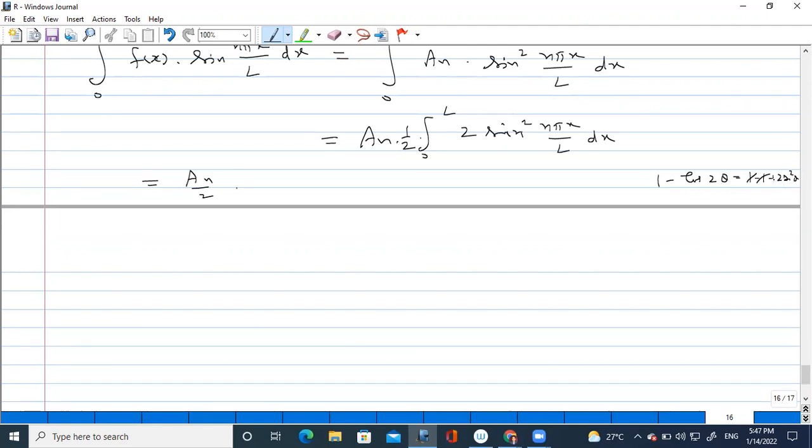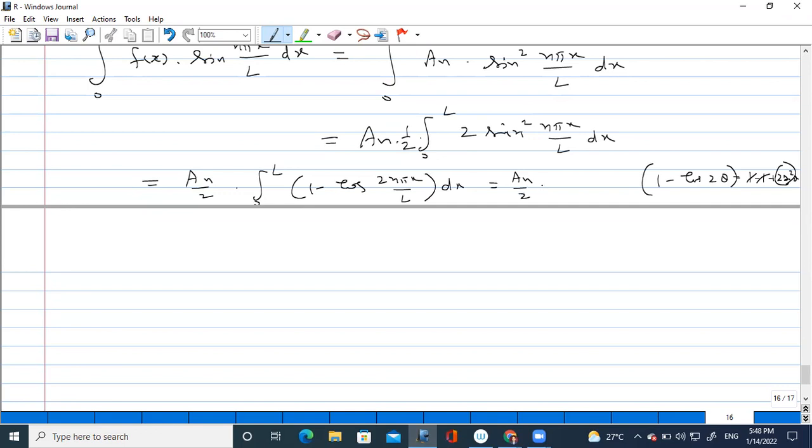So 1 minus 1 is 0. So 2 sine square theta can be written as 1 minus cos 2 theta. So it will be integral 0 to L of 1 minus cos 2 n pi x by L dx.